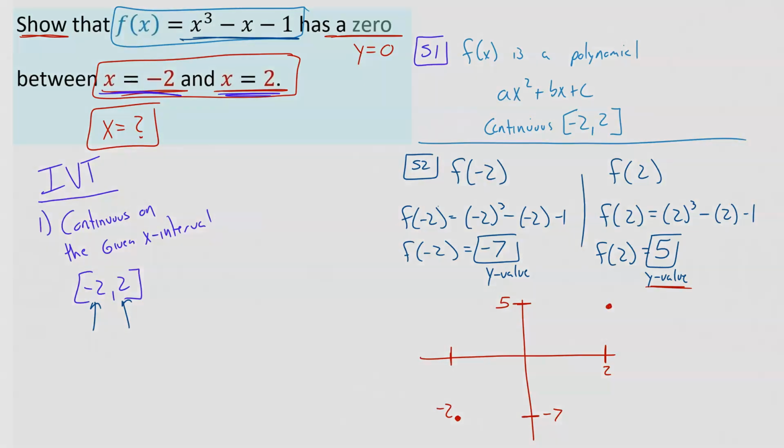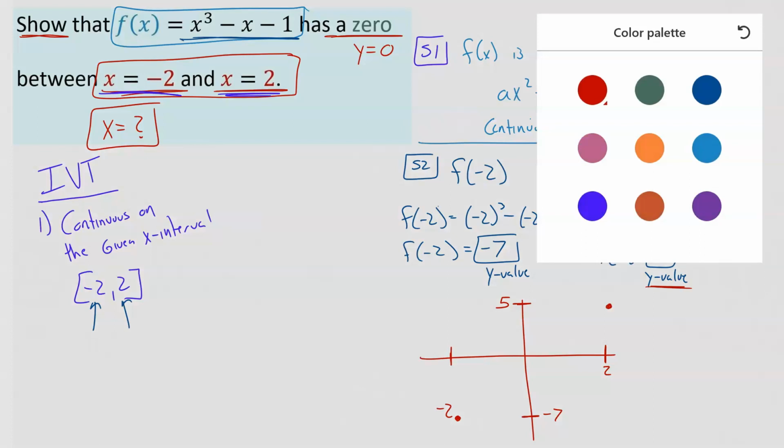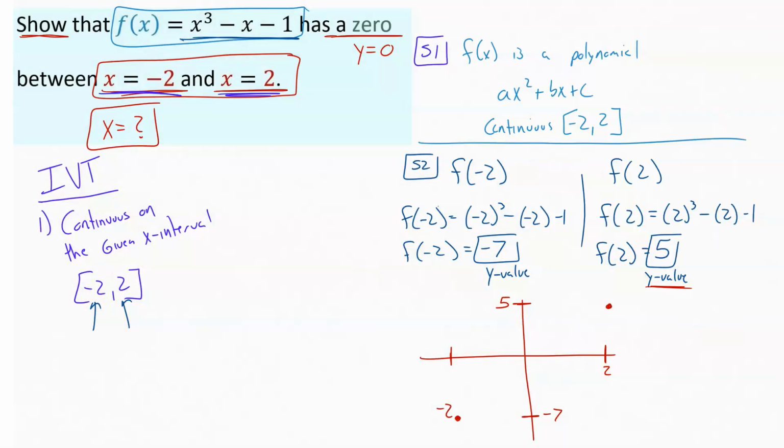And so what the intermediate value theorem tells us is that the only way that we can get from this dot over here to this dot over there without lifting our pencil, because the graph is continuous, is if we get every value in between -7 and 5. You're guaranteed that you get every value between -7 and 5 at least once.